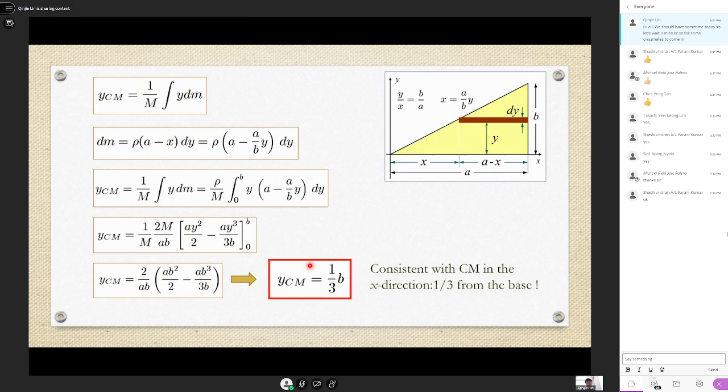That's where the ycm is. And then you see 1/3 b is around here. So x is 1/3 from this end, and y is 1/3 from this end. So the cm of this is somewhere around here. Okay, so mathematically, this is how we find our center of mass.